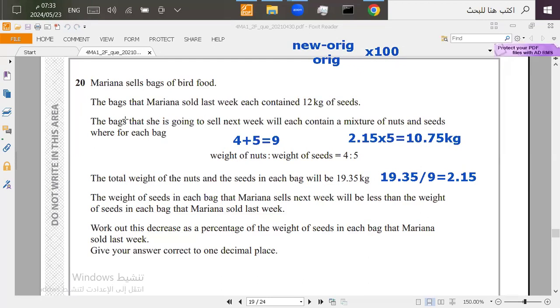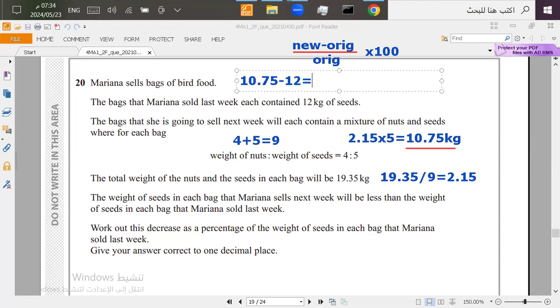So first, let me put the fraction line here. New minus original, divided by original, multiplied by 100. The new is 10.75, so I'm going to subtract them. 10.75 minus 12, and I'll get the answer in negative because it's decreasing.